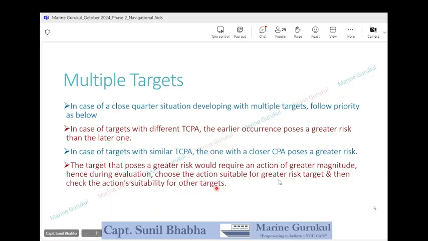This will ensure that the vessel maintains its required CPA with all the targets which are close to us. So with this, let us proceed to a few questions having multiple targets and see how we solve them.